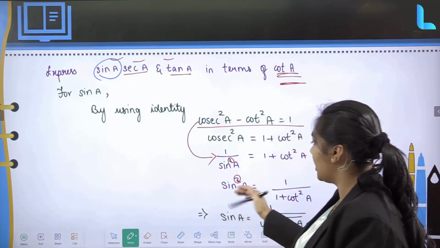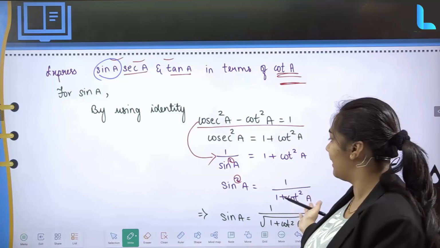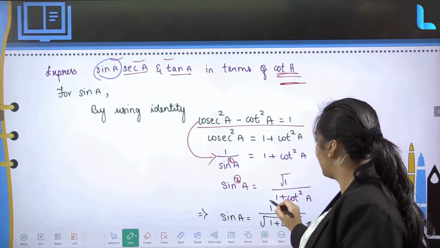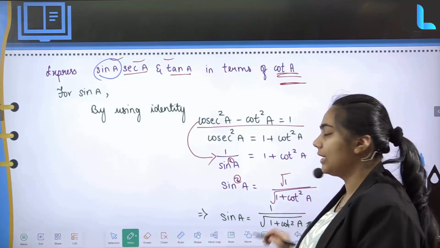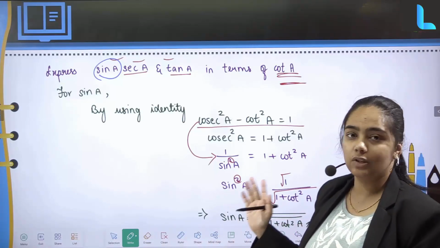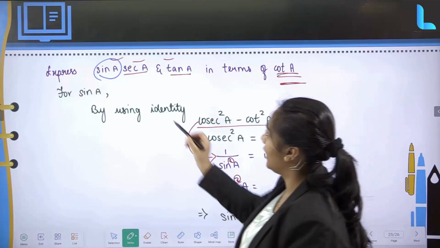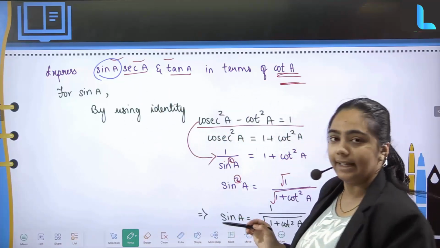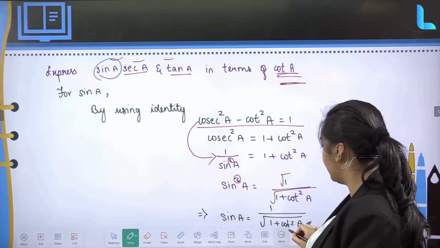But to remove the square, I just have to take the root. Root 1 is going to be 1 only, divided by root of 1 plus cot square A. This is what I'll be getting for sine A. See, this is in terms of cot only.